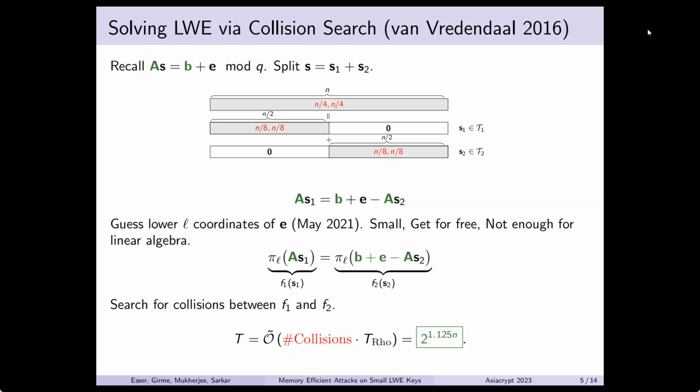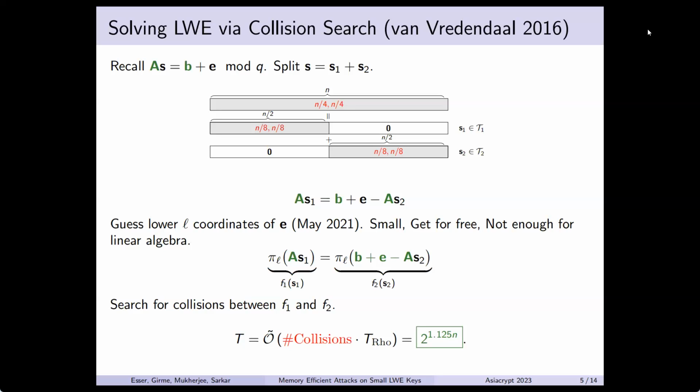the LWE identity as As = B + E modulo p. Now you just split S into two parts, with half of the weight in each. So you have basically n by 8 many plus ones and n by 8 many minus ones in the first vector on the left side. And on the second vector, you have n by 8 many plus ones and n by 8 many minus ones on the right hand side, and rest of everything is 0.